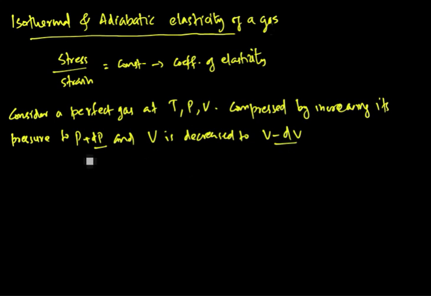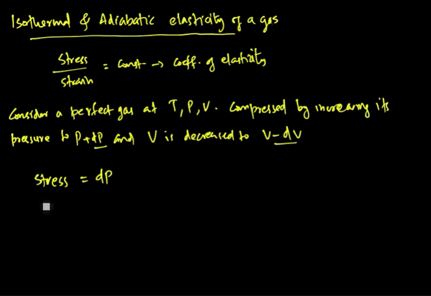Then what we need is the ratio of stress by strain in an isothermal process. So for that, first of all, write the expression for stress and strain. The stress is nothing but force per unit area, that is the pressure applied on the gas. So the pressure applied on the gas is dP.